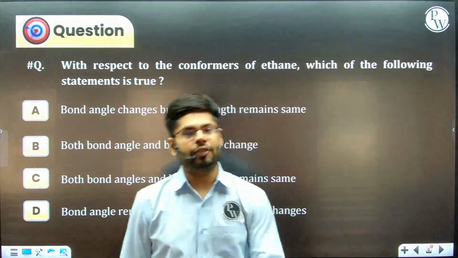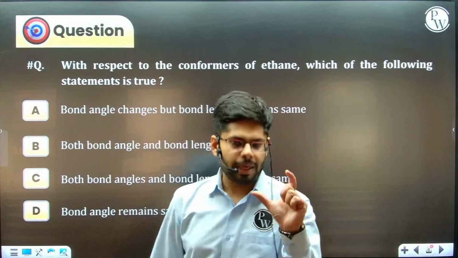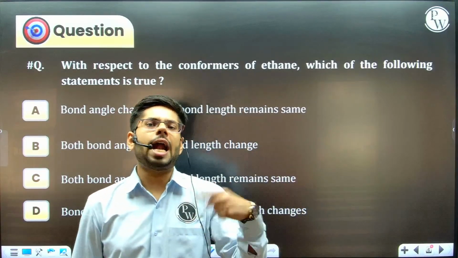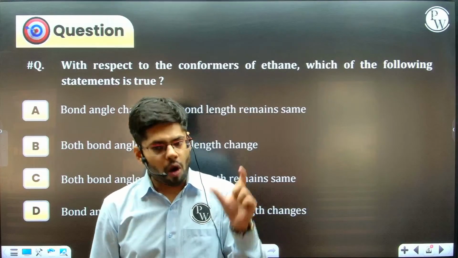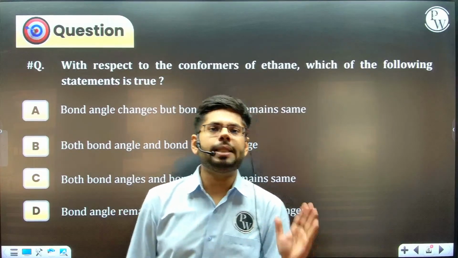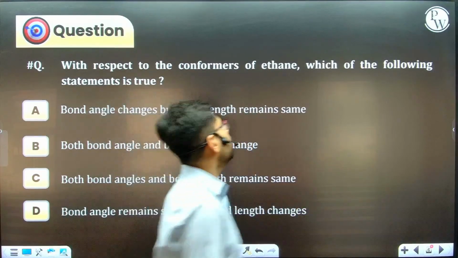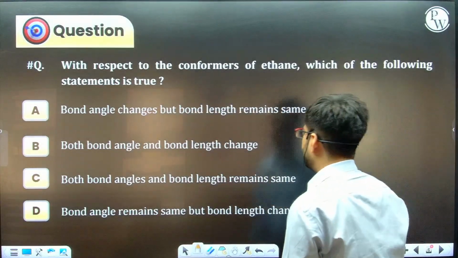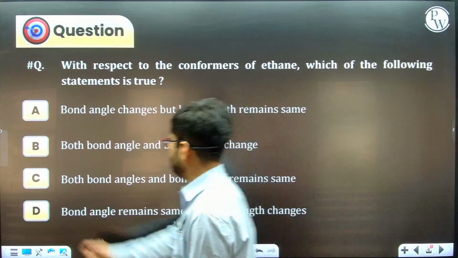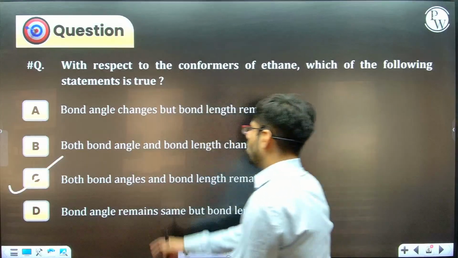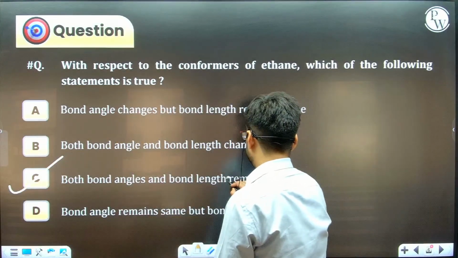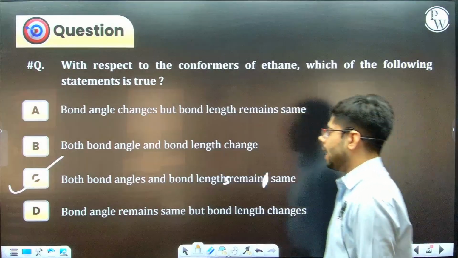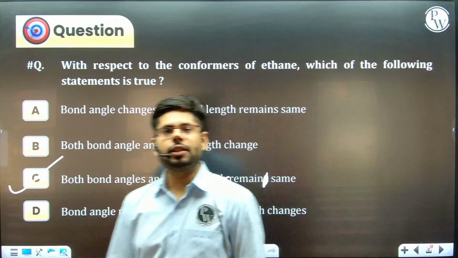Similarly, the length of each specific bond which has been talked about stays the same. So if I'm talking about a bond between atom A and atom B, then the bond length between atom A and atom B will remain the same in all the conformers of that species. So bond angles and bond lengths remain the same.